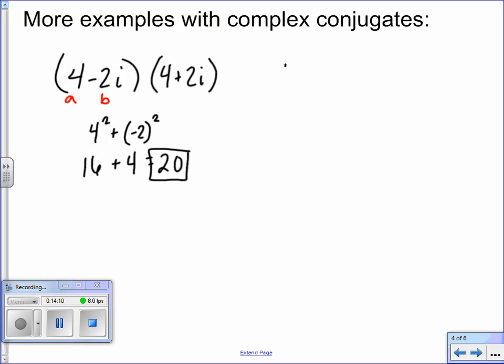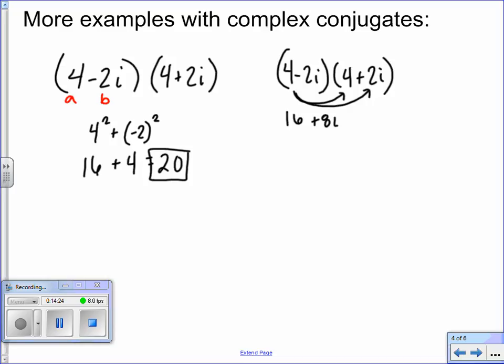We're going to verify over here through FOIL, and you may or may not write this down, that's up to you, that this is actually the case. 4 times 4 is 16. 4 times 2i is positive 8i. Negative 2i times 4 is negative 8i.